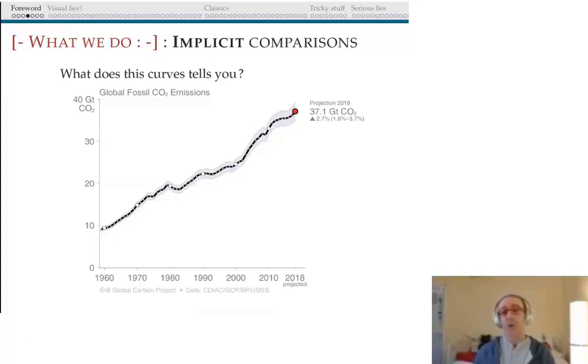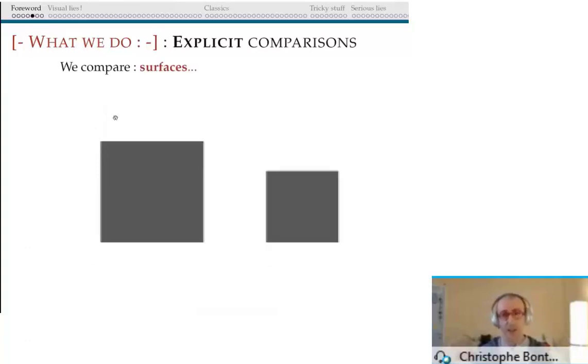We sometimes also do explicit comparison in all the graphics we see. We compare surfaces, like this square on the left is bigger than this square on the right. You don't know how much bigger it is, by the way, but that's another topic we're going to cover later on. So we compare things explicitly, like surfaces, lines.